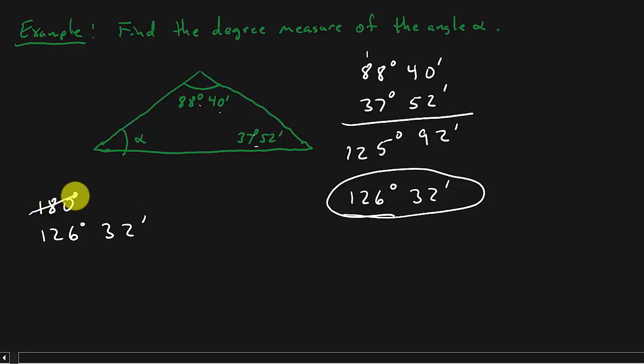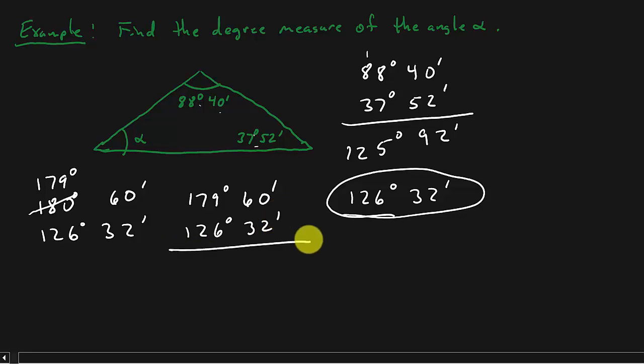So I'm going to take a degree out of the 180. And that turns into 60 minutes. So I've got 179 degrees, 60 minutes, and I've got 126 degrees, 32 minutes. And I subtract. Okay. So I've got 60 minus 32, that is 28 minutes.